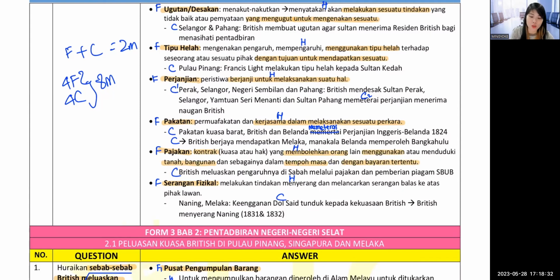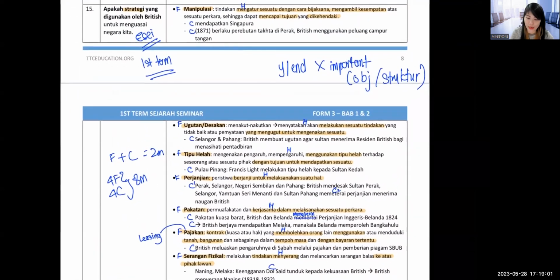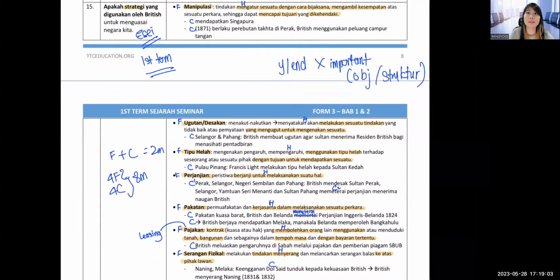Mortgage or rent is a contract called what? Leasing. I lease to you. Then physical attack is a tindakan that they attack ke atas pihak lawan. Tindakan menyerang ke atas pihak lawan. So for example, Naning, Dol Said attack British, British attack Naning. Yeah, so this is all your huraian contoh. So accordingly lah.